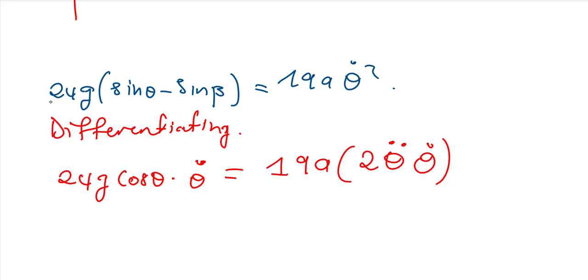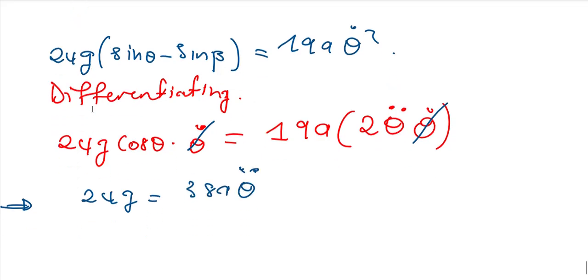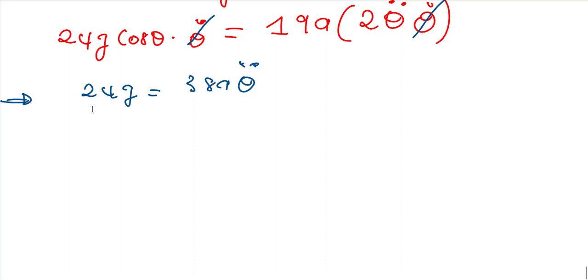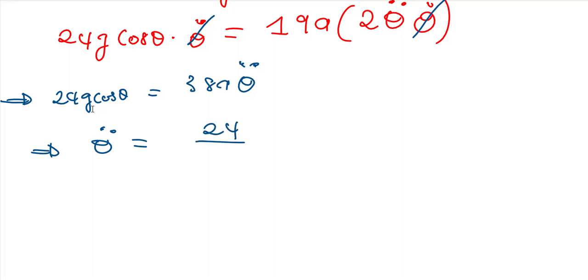Now theta dot and theta dot cancel, so we have 24g cos theta equal to 19 times 2, that is 38a times theta double dot. So my theta double dot will be equal to 24 divided by 38a times g cos theta.